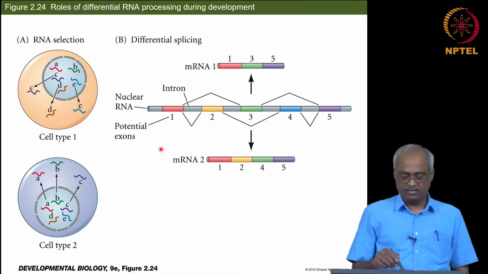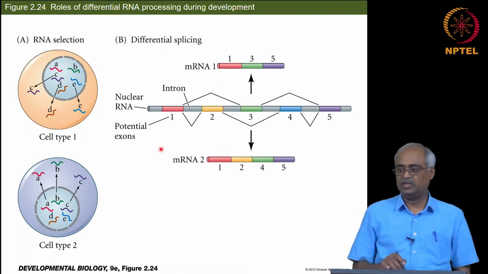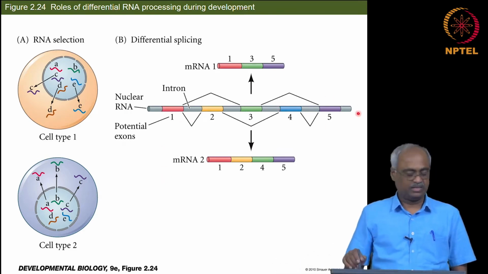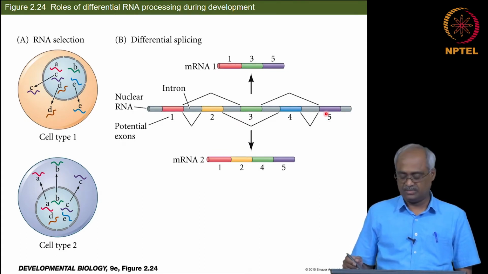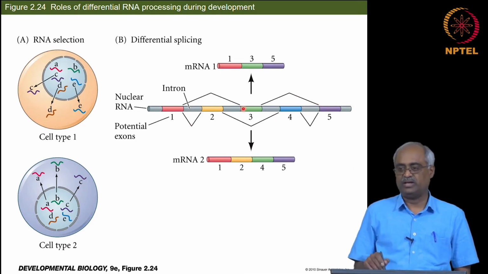And the second regulation at the nuclear level on RNA is splicing. If you look here, the central bar diagram tells you the actual gene structure as you see it in the nascent RNA, just transcribed, not spliced. You have 1, 2, 3, 4, 5 different exons here, and these V shaped lines indicate which are going to be joined.